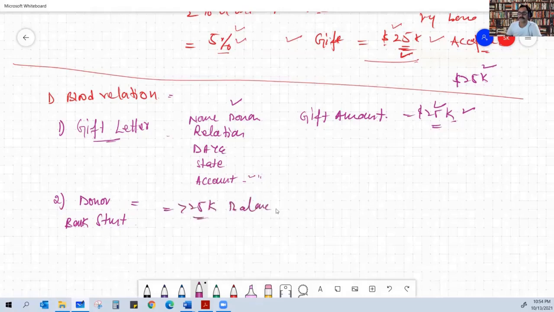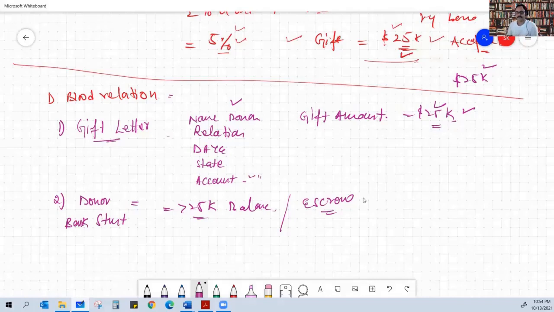In their bank statement. Number two, sometimes they are not going to give us the donor bank statement, but they are going to tell us that the amount has already been paid to the escrow company, whoever the escrow is who is going to close the loan. In that case, they might tell us the amount has already been disbursed or given to the escrow company.